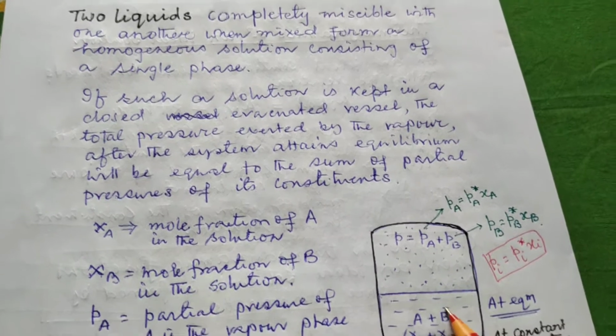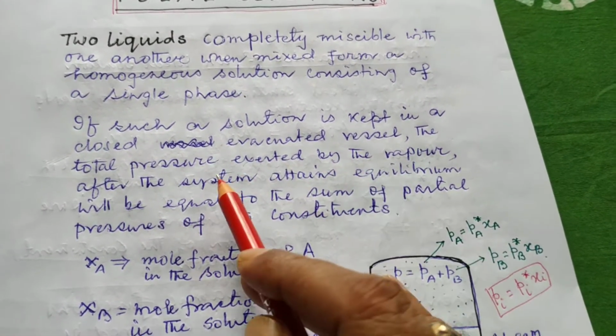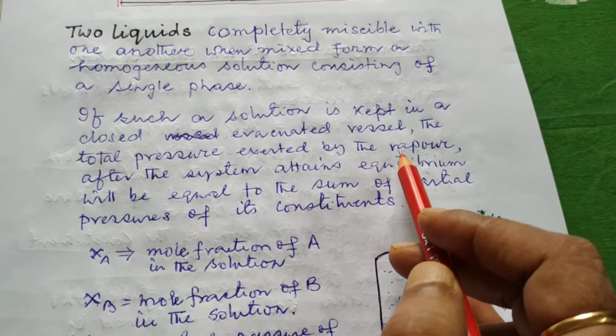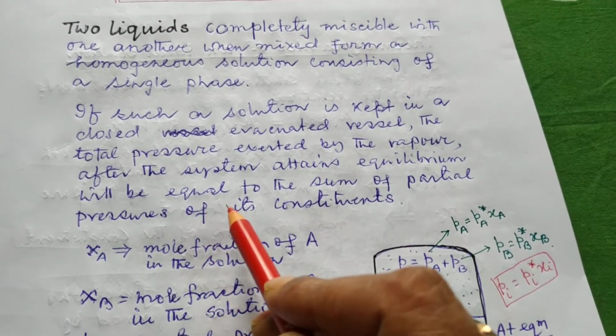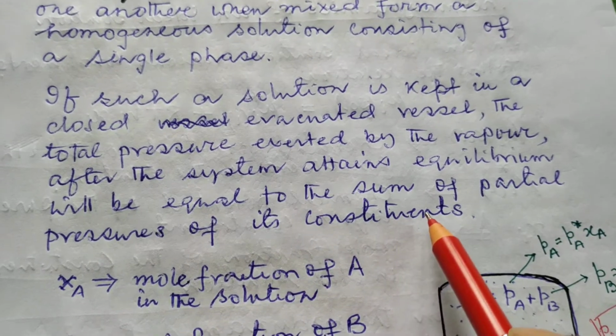Now, if such a solution is kept in a closed evacuated vessel, the total pressure exerted by the vapor after the system attains equilibrium will be equal to the sum of the partial pressures of its constituents.